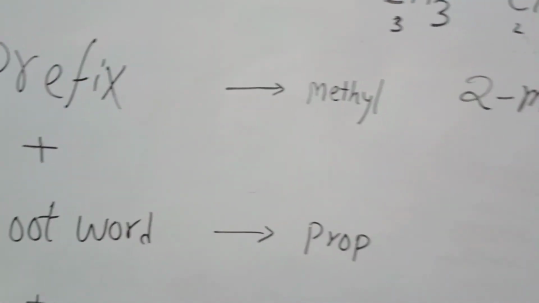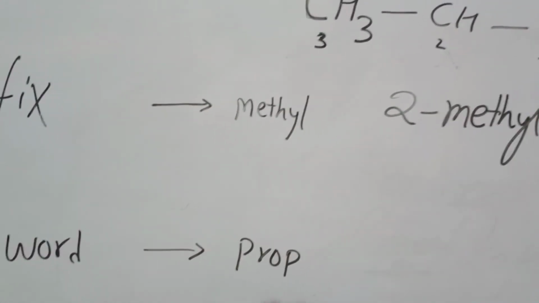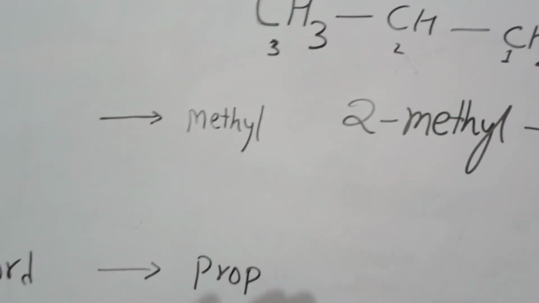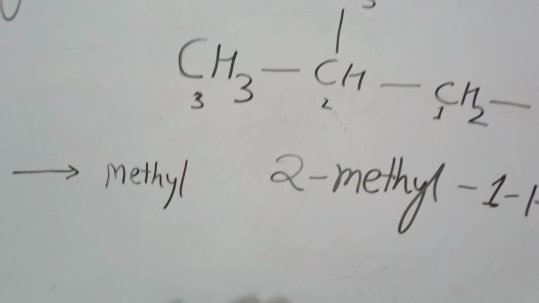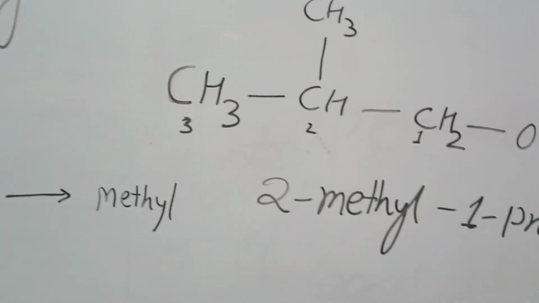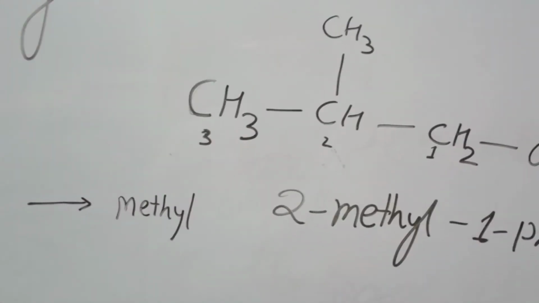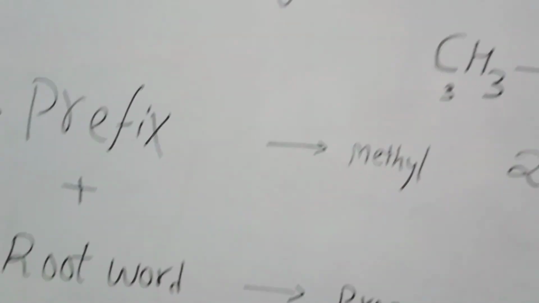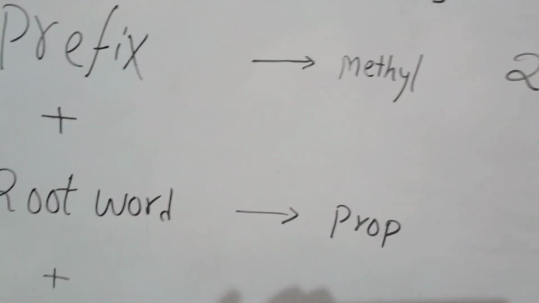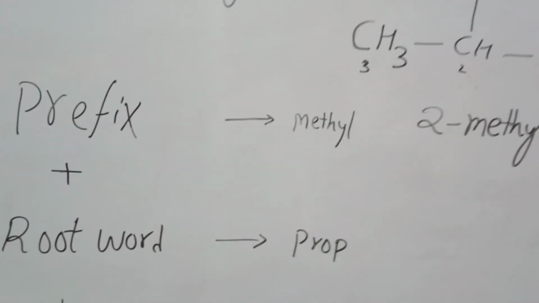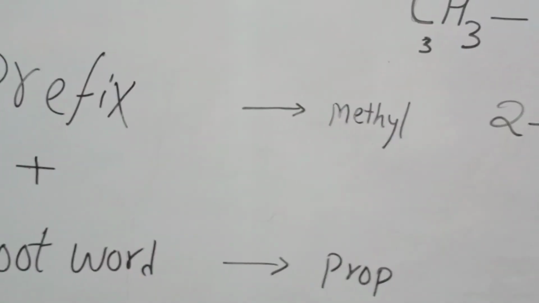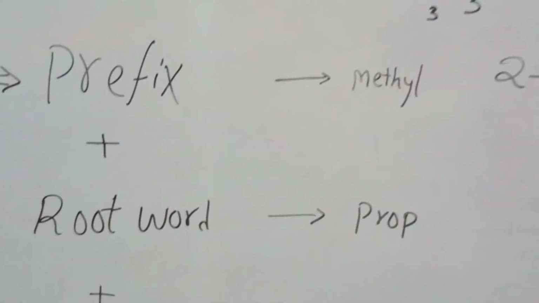The root word is the prop, P-R-O-P, prop. Now this prop indicates the total number of carbon atoms, that is, you can see here it is the 3 carbon atoms. So the root word represents the net sum of carbon atoms present in the molecule.